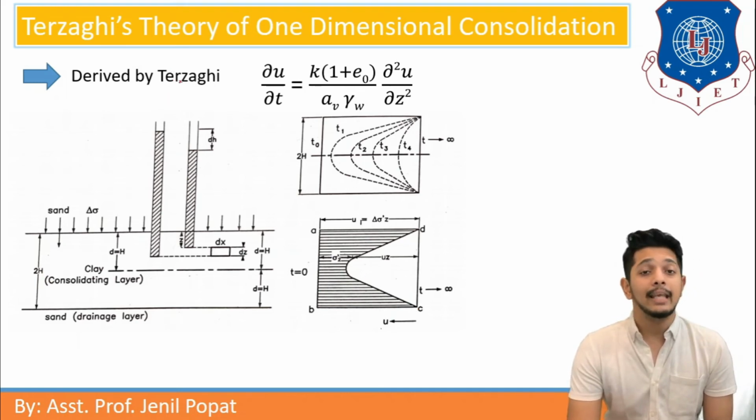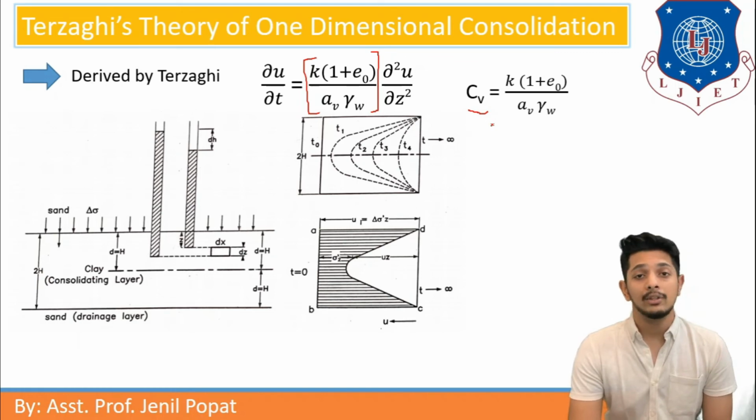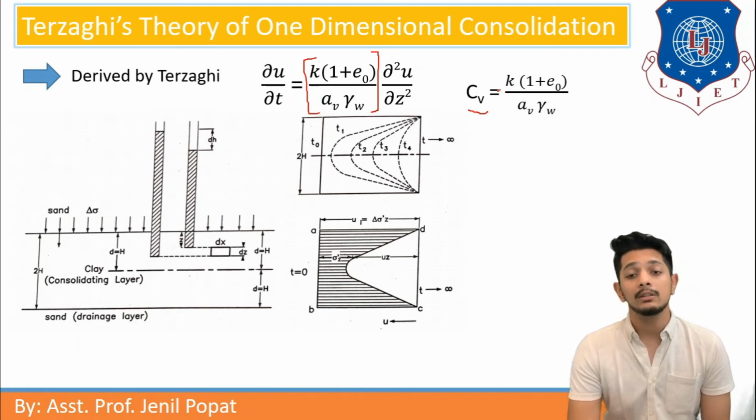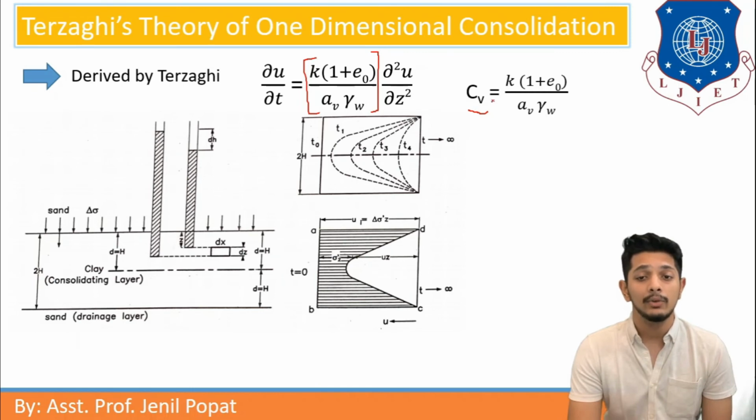Here Terzaghi has derived the formula: del u by dt is equal to k (1 plus e0) upon av into gamma w, into del square u by del z square. Further, if we analyze it and denote this section as Cv, Cv is defined as the coefficient of consolidation, which is equal to k into (1 plus e0) upon av into gamma w.